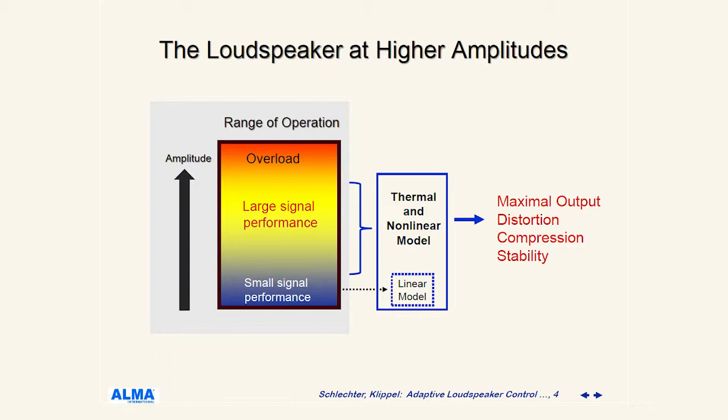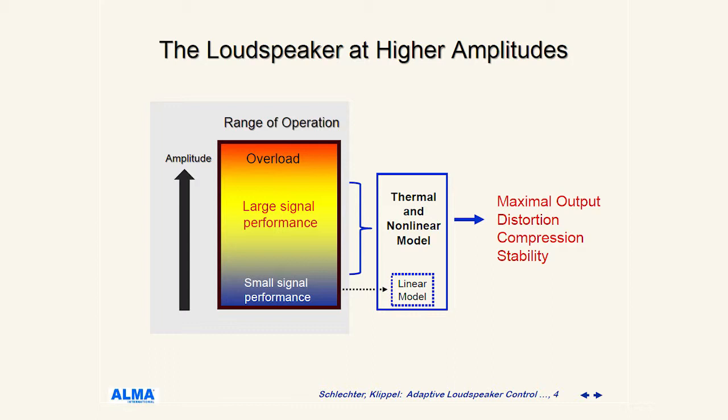If you want to use a loudspeaker there, or if you would like to model it at first, you would need to consider nonlinear and thermal effects, and they are closely related to the maximal output of the loudspeaker.